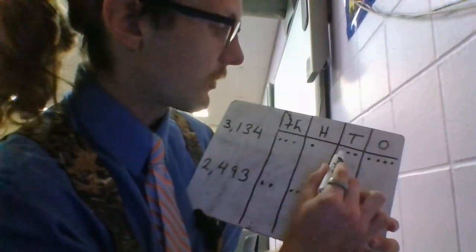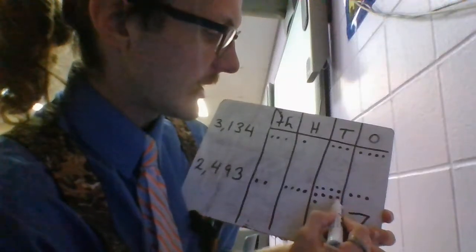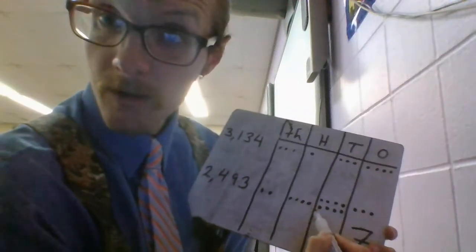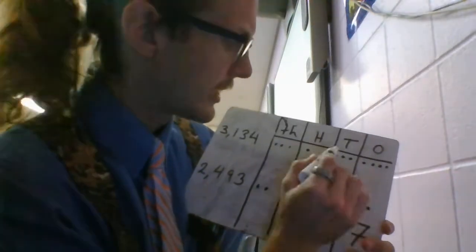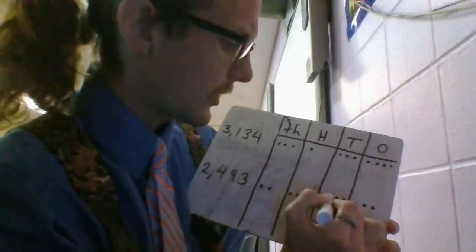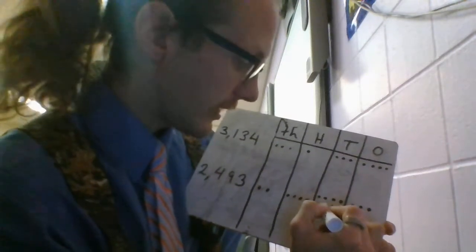In the tens, we have 1, 2, 3, 4, 5, 6, 7, 8, 9, 10, 11, 12. Could we bundle? Yeah, I agree, we could. 1, 2, 3, 4, 5, 6, 7, 8, 9, 10. Bundle.